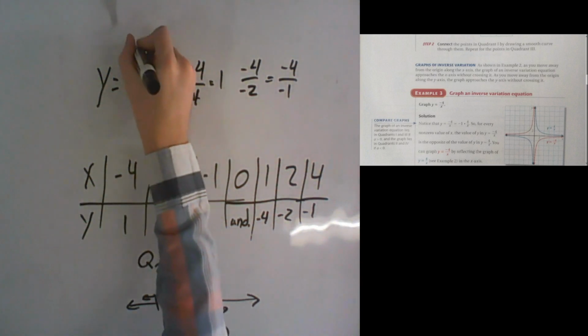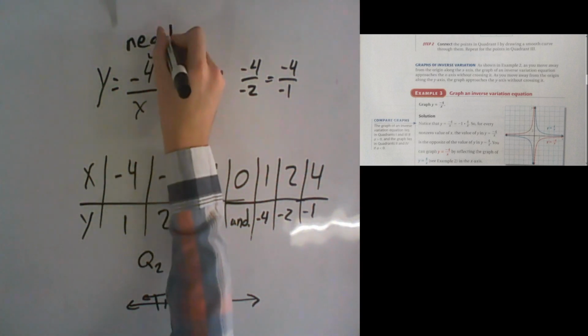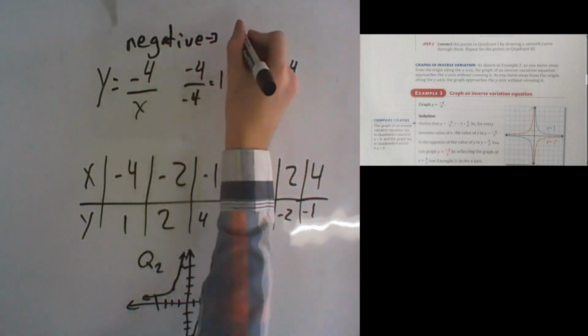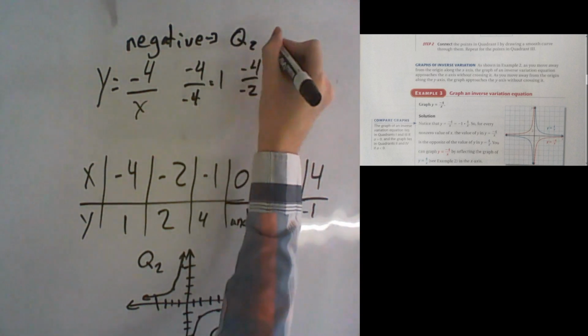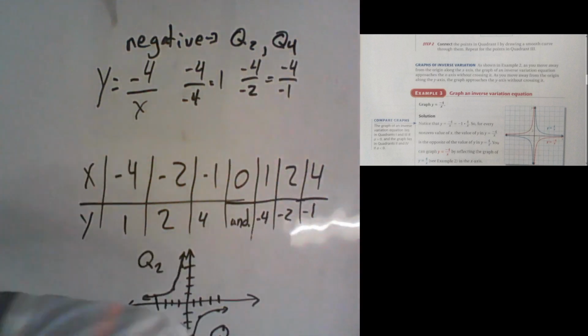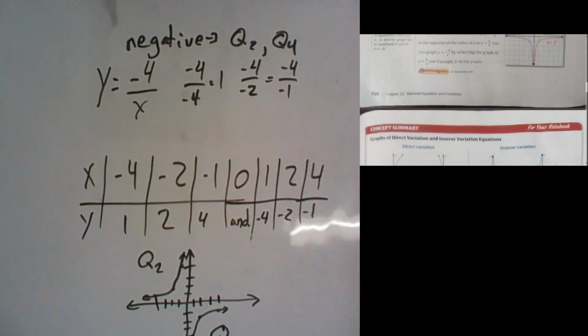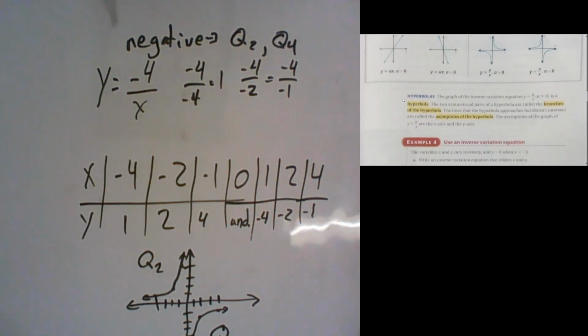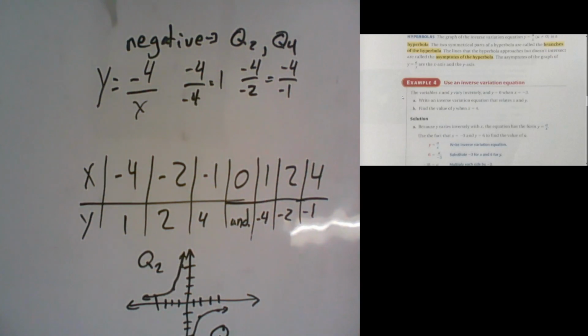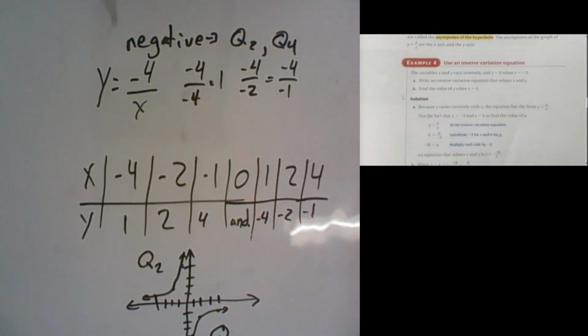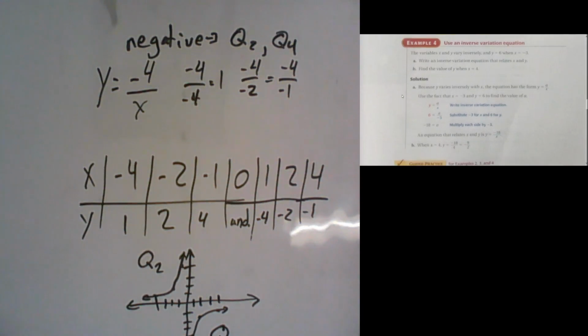Okay, so negative is going to be in quadrant 2 and quadrant 4. Do you have to fill in the quadrants? No, you do not. That is just the graphing. So all we need to do is examine and graph and find. This is our last step.